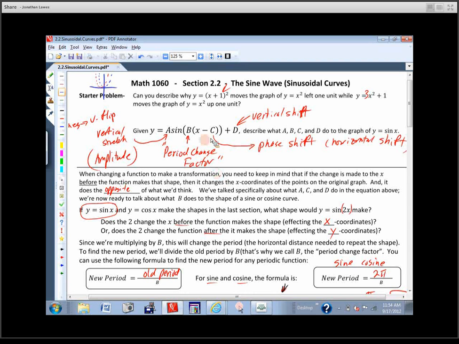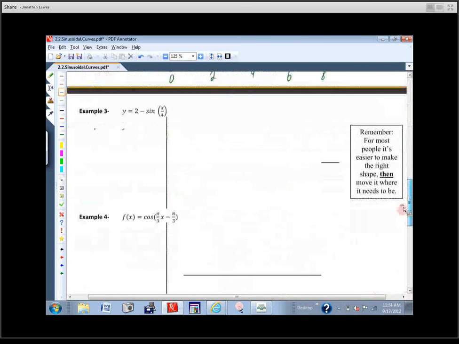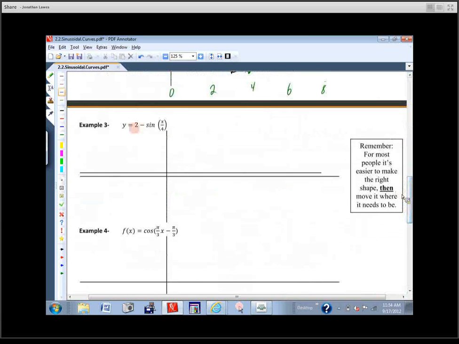A lot of people forget that this has to be in factored form. That is a plain old x. So if there's a number in front of the x, you better pull it out. Okay? If you just blindly look at this and say, oh, that's a 5, the phase shift is 5, or something like that, you're going to get it wrong. Okay? So this has to be in factored form in the middle there. Okay? So the other thing is, when they wrote this one, they wrote it backwards from the way they normally do.